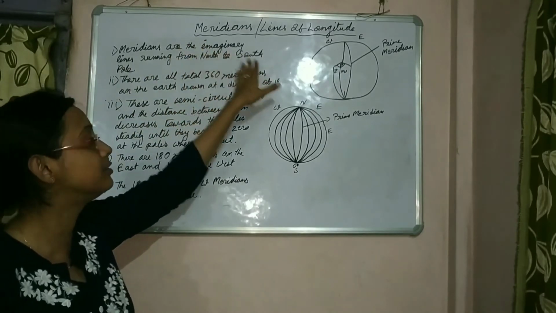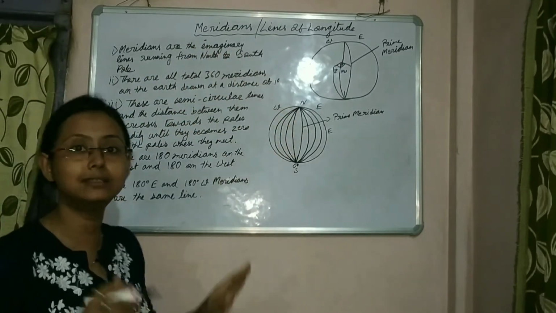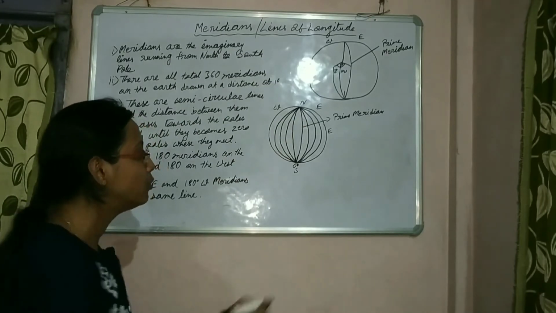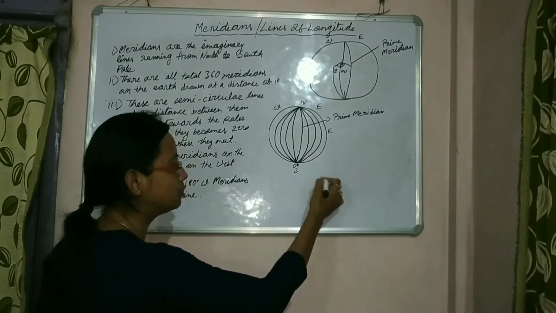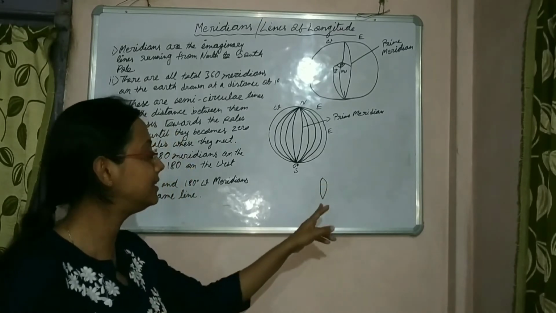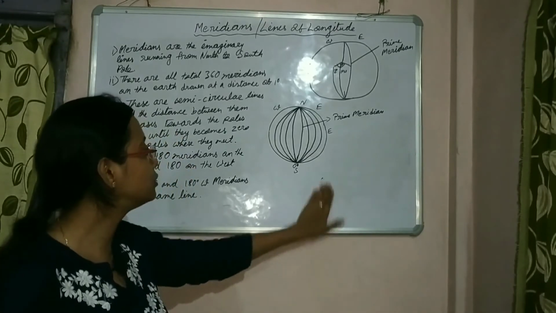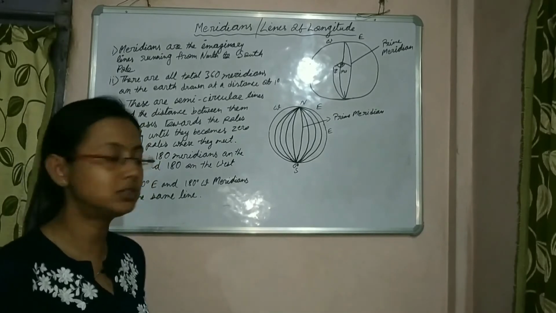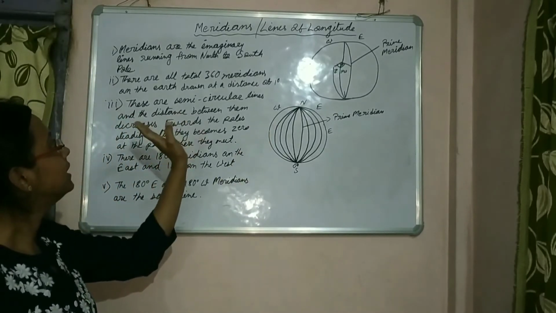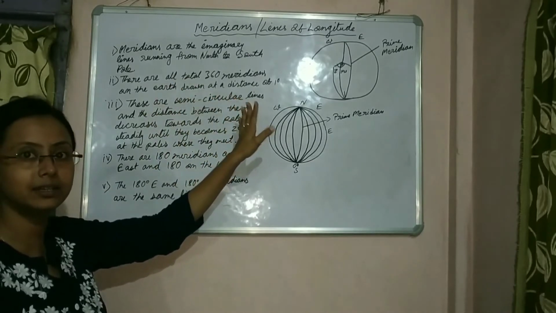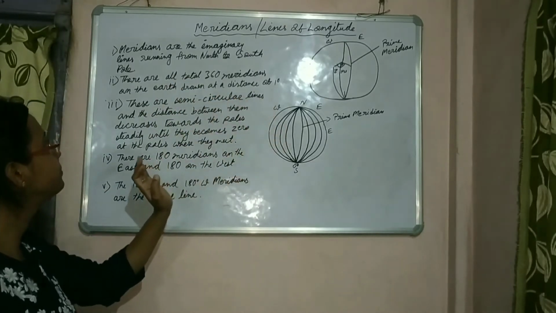The meridian lines run from the north to the south pole, and these are semicircular. I have already said that when we join two opposite meridians, they form a complete circle. Otherwise, the meridians are semicircular, running from north to south. And 360 meridians are drawn at a distance of 1 degree each.